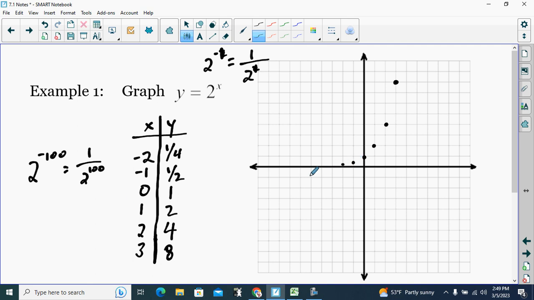So we don't cross the axis. Technically, you don't even touch the axis, although it gets so close to it, it's okay if it looks like it touches it, and it comes up. It looks like that. We get infinitely close to the x-axis, but do not cross it.